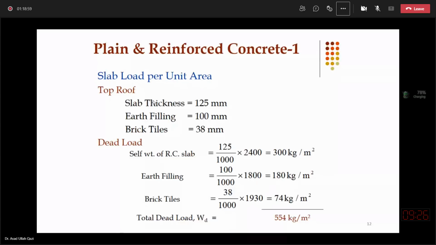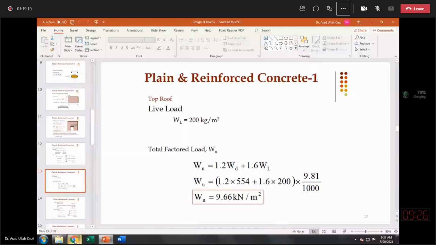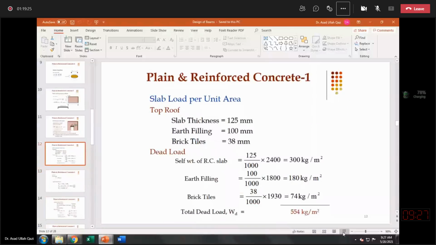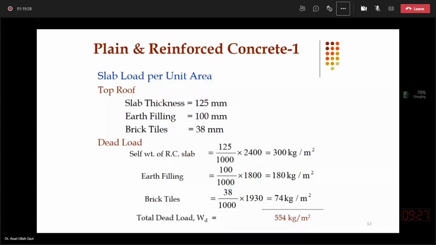tentatively assumed slab loads over the roof. For example, on slide number 12, let me assume that the slab thickness of the roof slab is 125 millimeter, a 5-inch thick slab, and over the roof slab, we normally put earth filling of 4-inch thickness.